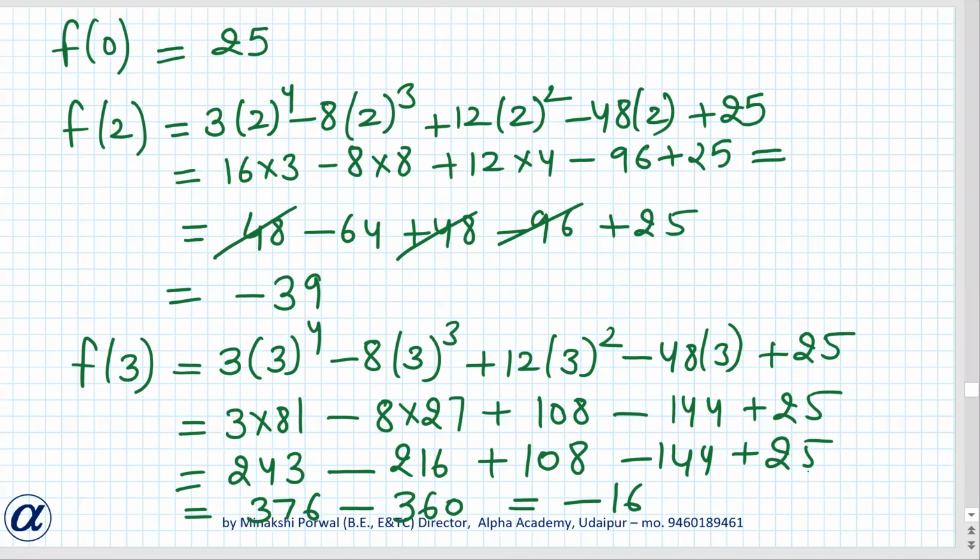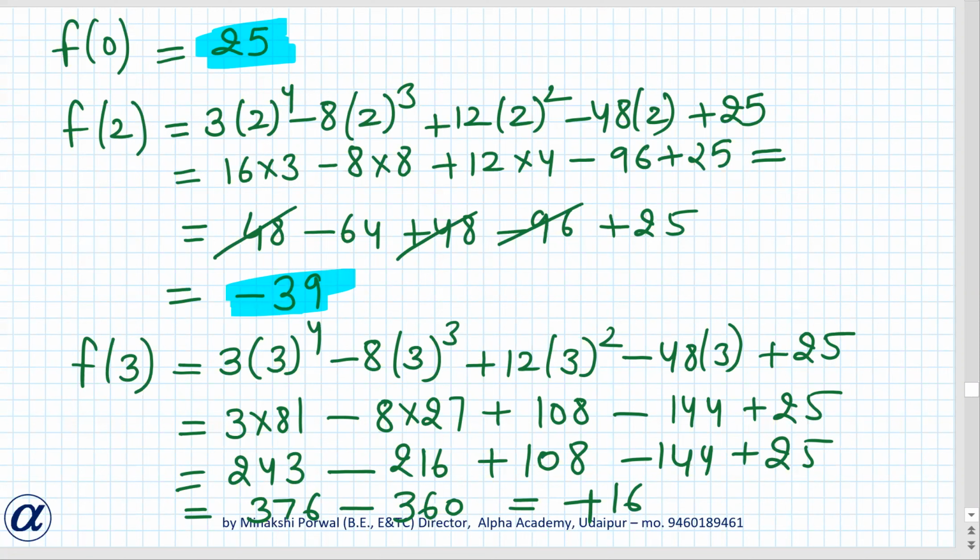So now the maximum value is this, and this is the minimum value.